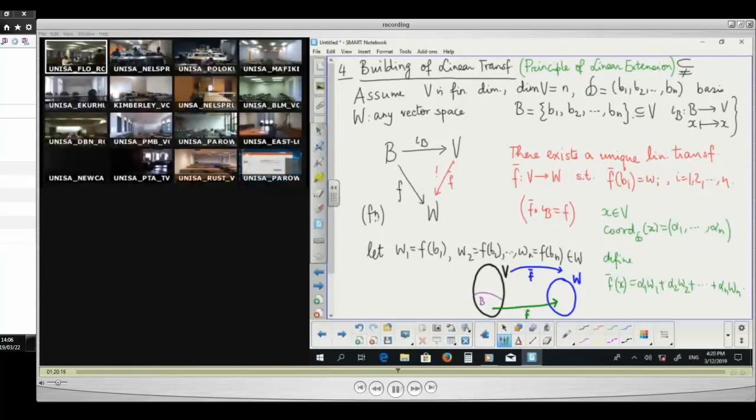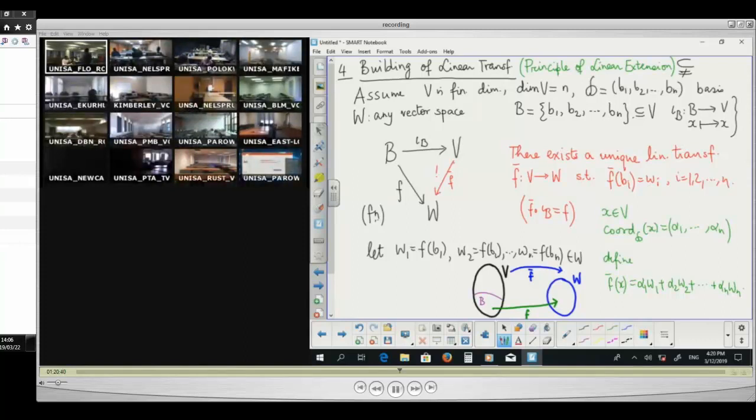You know pretty well, in R2, each line passing through the origin is a one-dimensional subspace of R2. So there could be several such, but your subspaces could be one-dimensional or two-dimensional up to n dimensions.